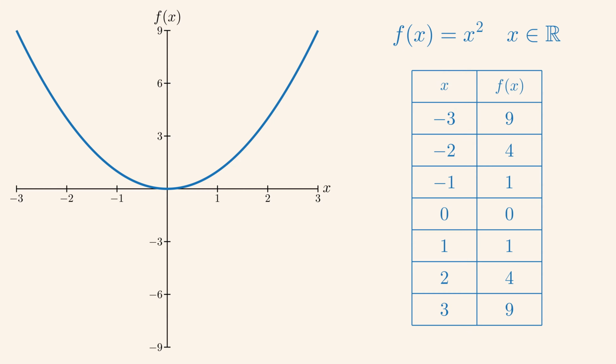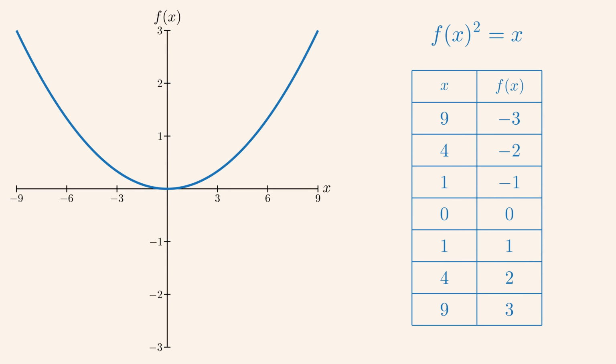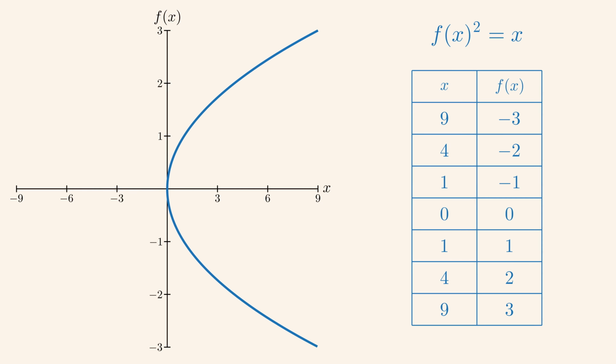Now let's explore the relation f squared equals x. We start by preparing a new table of values. Then we sketch this curve on the graph. For a given value of x, such as 6.3, we can get 2 different values of f.